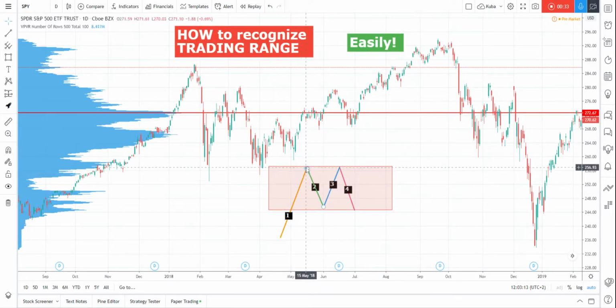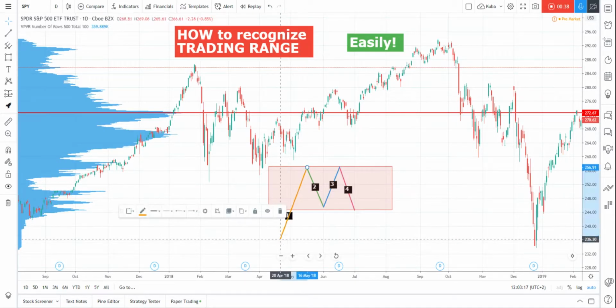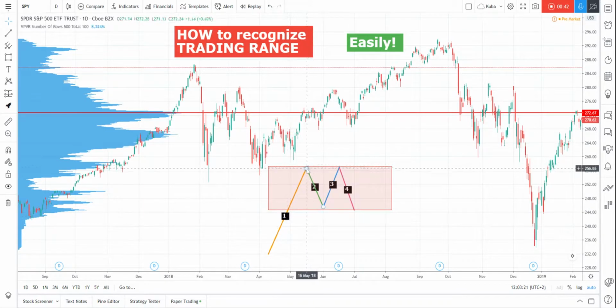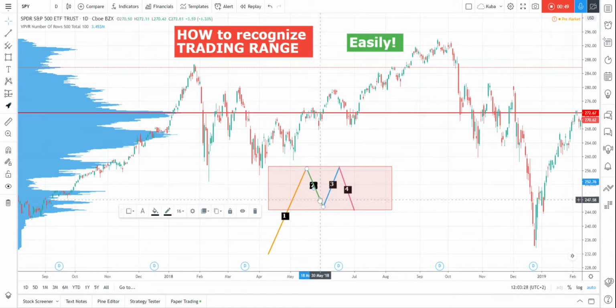Imagine that we have some long move, and that's this orange line, number one. Then market creates some pullback, and we have move number two. So it's a move against the previous trend, the retracement, the pullback.